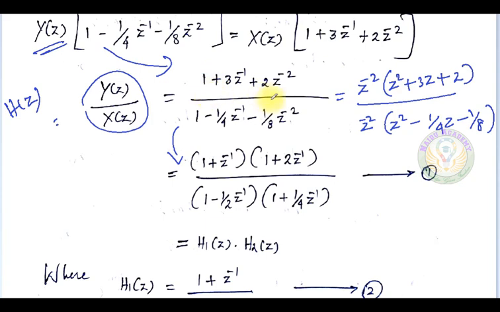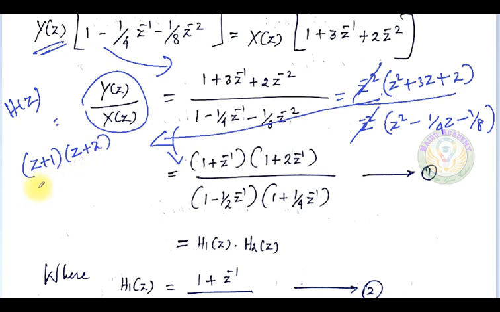So z power minus 2 and z power minus 2 will cancel each other. If you factorize the numerator polynomial and denominator polynomial, the numerator can be written as z plus 1, z plus 2. Similarly, the denominator will be z minus 1 by 2, z plus 1 by 4.